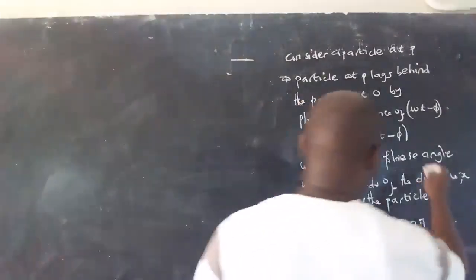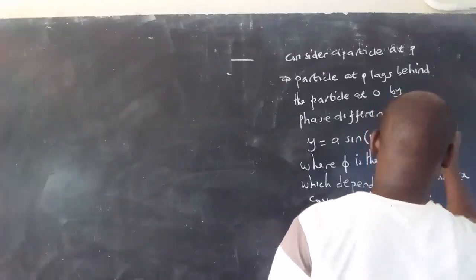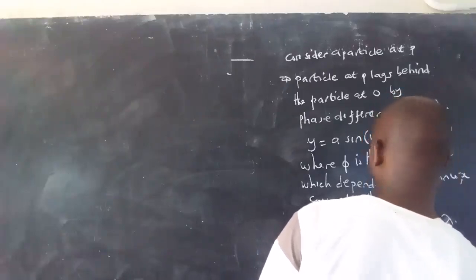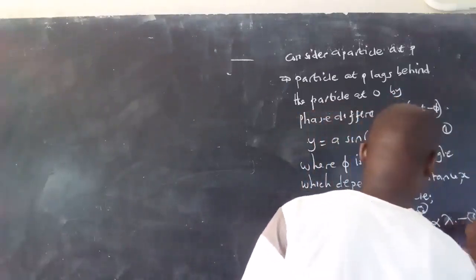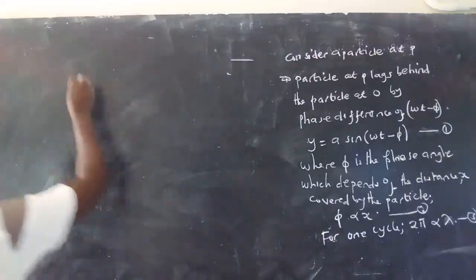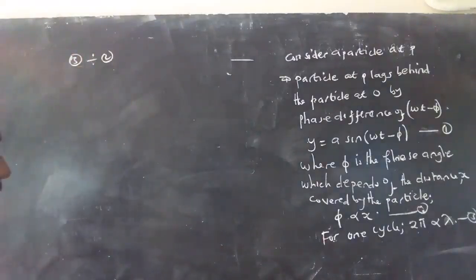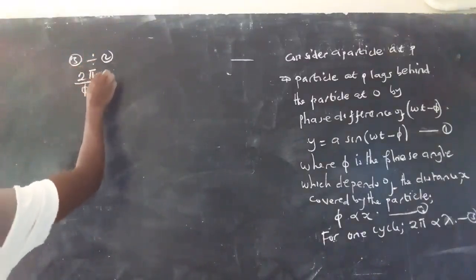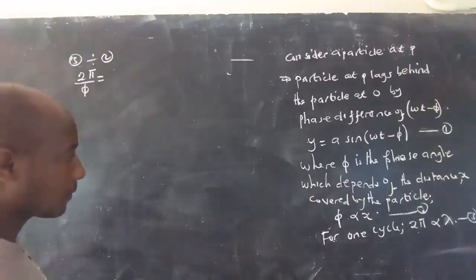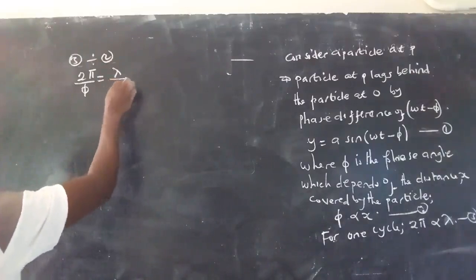So this is equation 1, this is equation 2, and this is equation 3. Equation 3 divided by 2 gives us 2 pi over phi equals lambda over x.